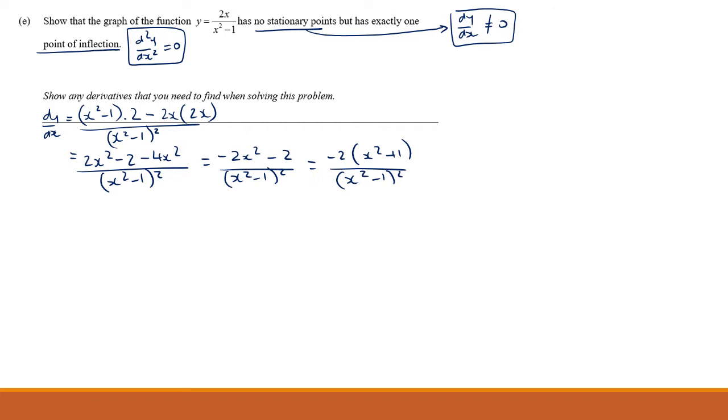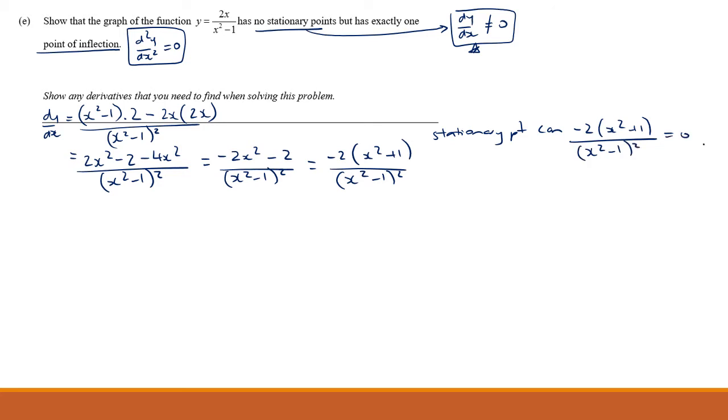Okay, now stationary points, remember, this can equal 0, so for a stationary point, negative 2 times x squared plus 1 all over x squared minus 1 squared equals 0.